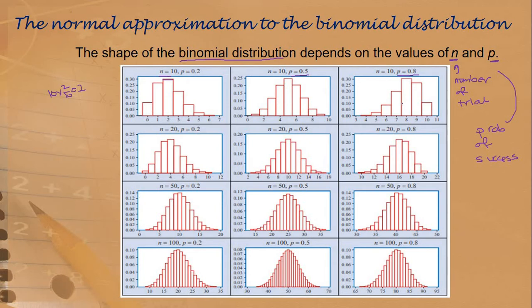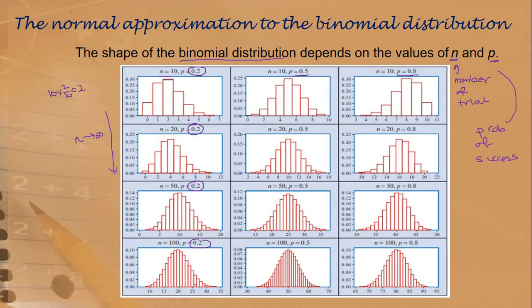But what we then see is what happens as we increase the values of n. Going down, n is increasing. Regardless of our probability, even if it is still 0.2, as n increases the graph becomes more and more the shape of the normal distribution.